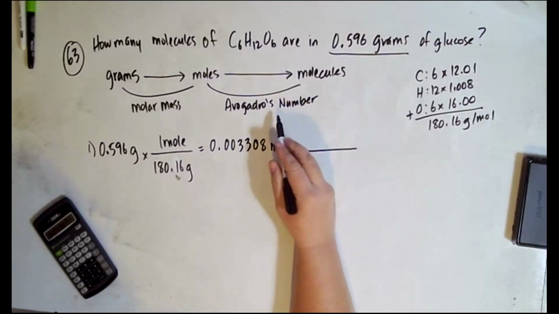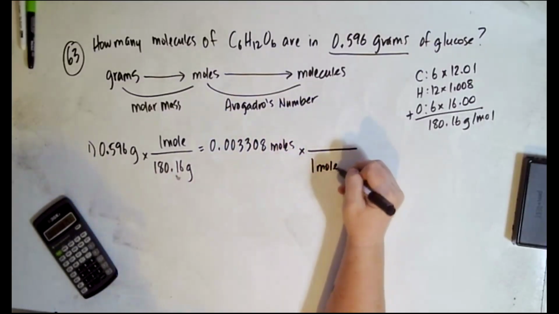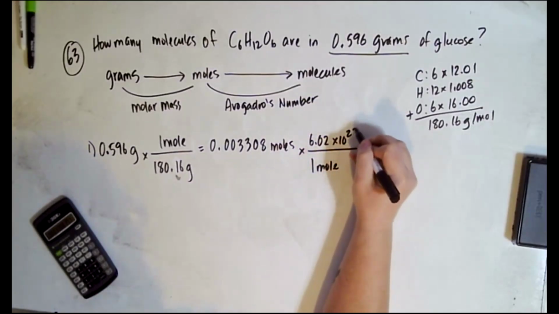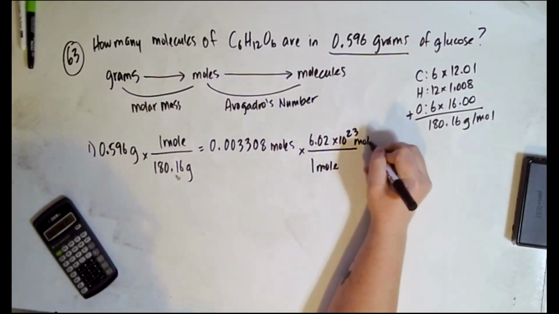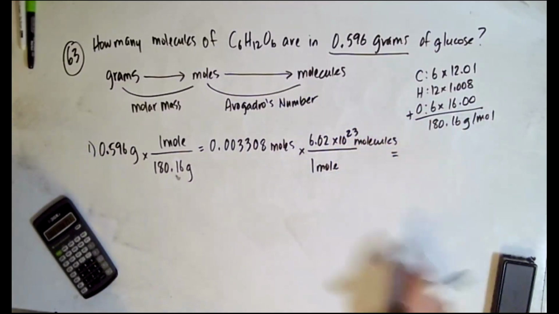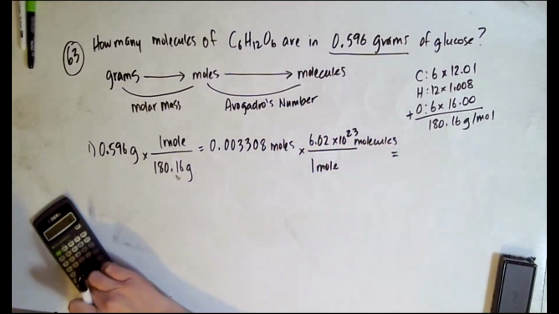And according to Avogadro's number, there's going to be 1 mole for every 6.02 times 10 to the 23 molecules.